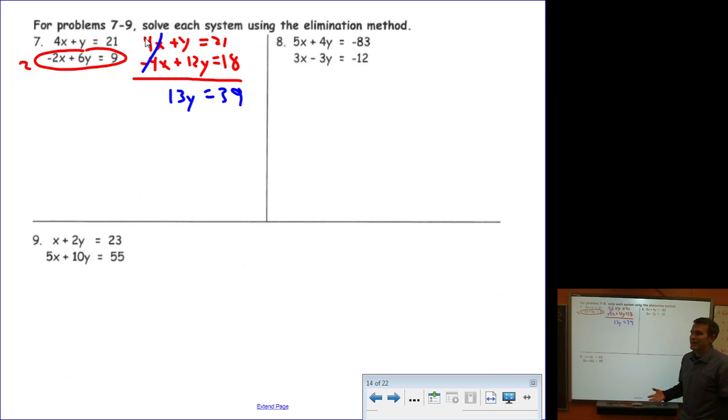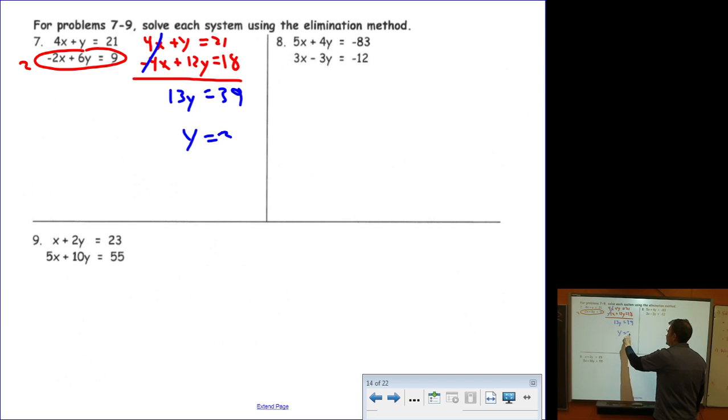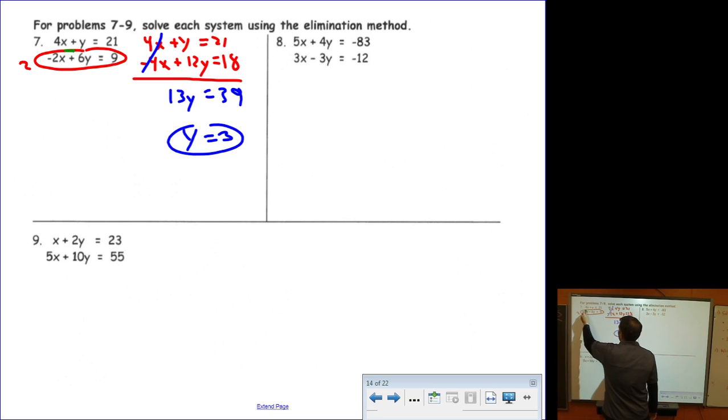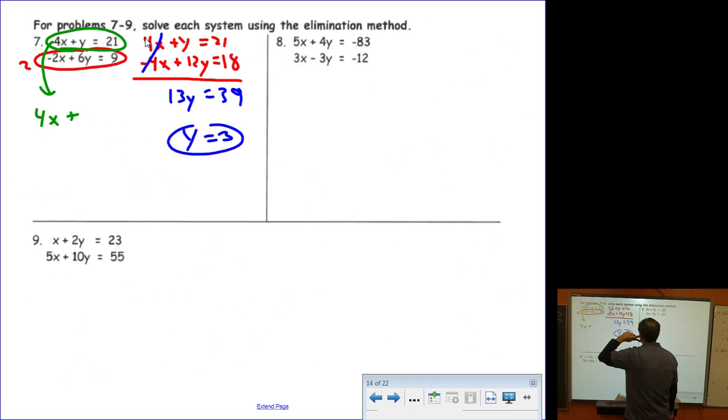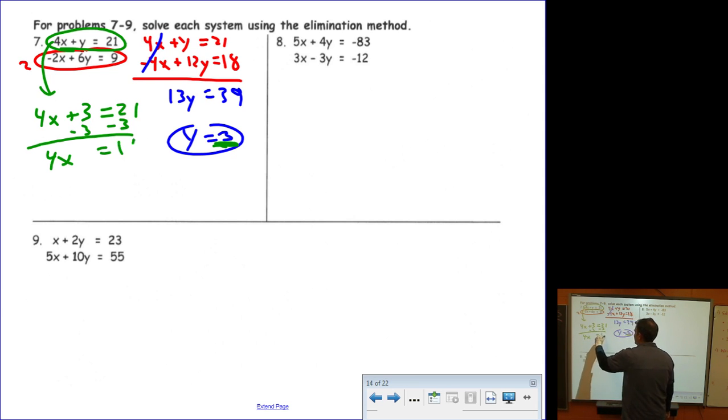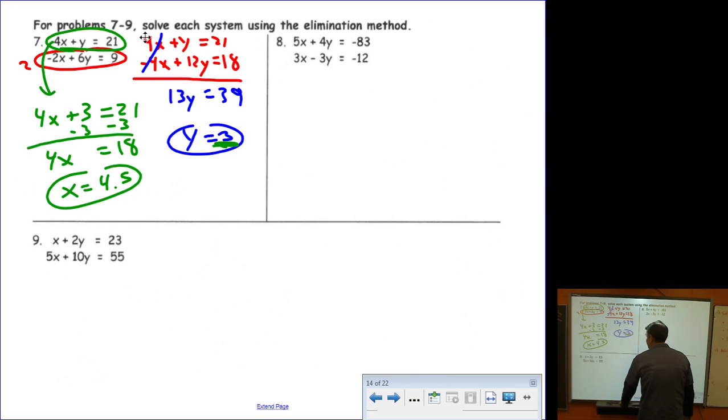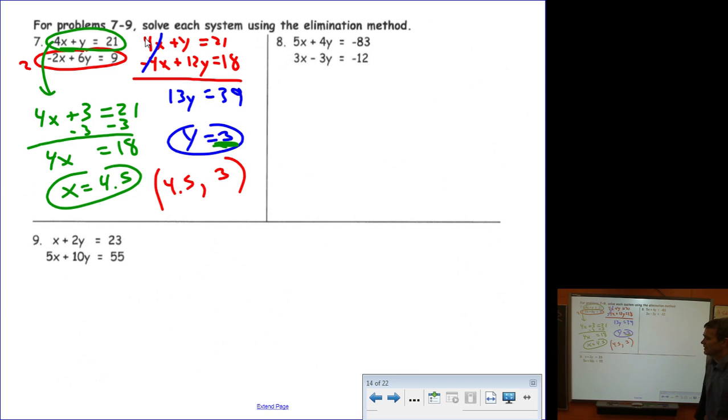Of course, if I divide by 13, I get y equals 3. And I would probably substitute that back into the first equation and get 4x plus 3 equals 21. I would subtract 3 from both sides and get 4x equals 18. And then I would divide by 4 and get 4.5. So my solution here is x equals 4.5, y equals 3.